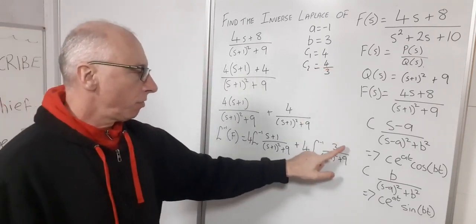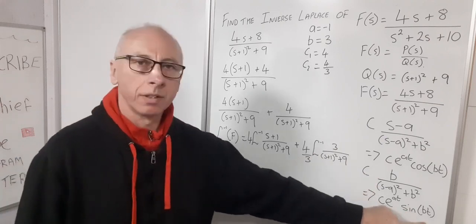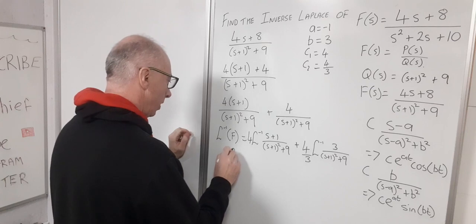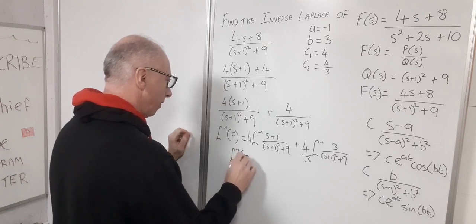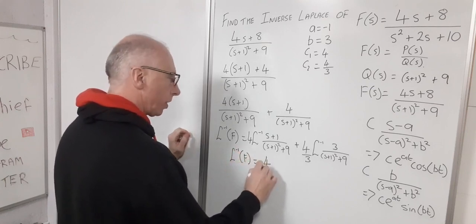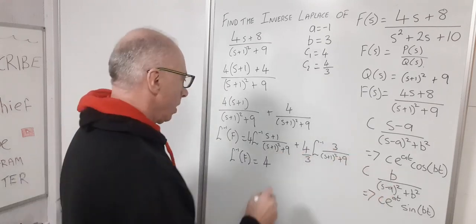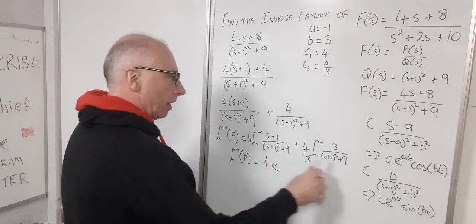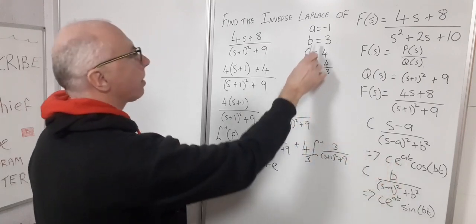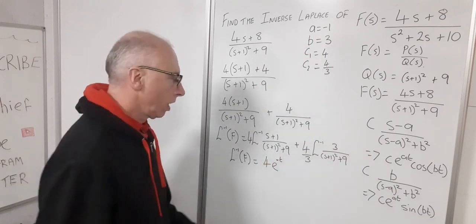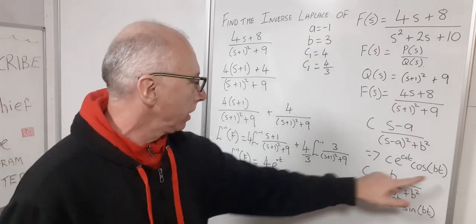So now we're ready to write this in the format that we want for these results. So our inverse Laplace of F equals 4 times, working on this first one, e, now a is minus 1, so be careful to write e to the minus t, and then cosine of bt.